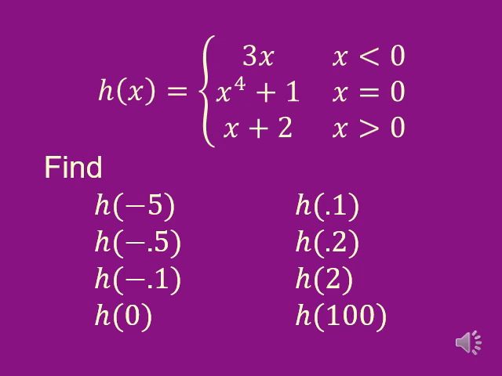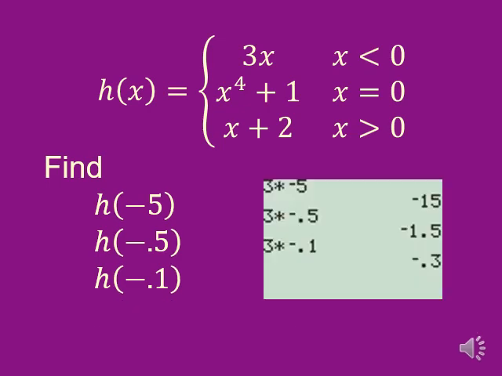So again, look through those, see if you can figure out what all of those are going to be. And again, the important thing is going to be which formula do you plug into to get each answer.